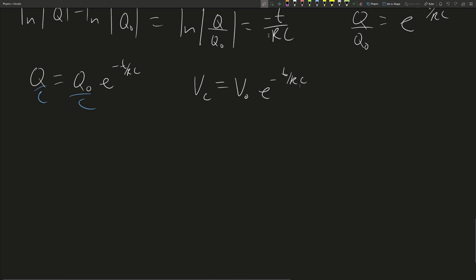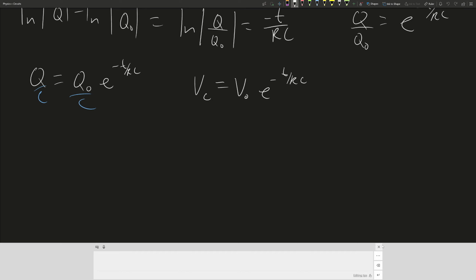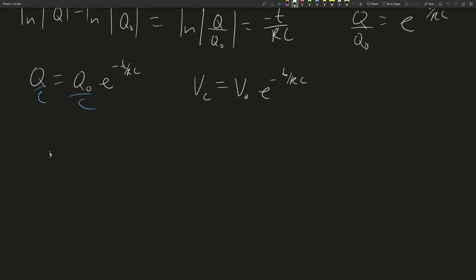So again, graphing this equation, if we graph Vc, the capacitor voltage, over time, we start at a value of V0, the initial voltage of the capacitor, and then we get an exponential decay towards 0 as time approaches infinity.